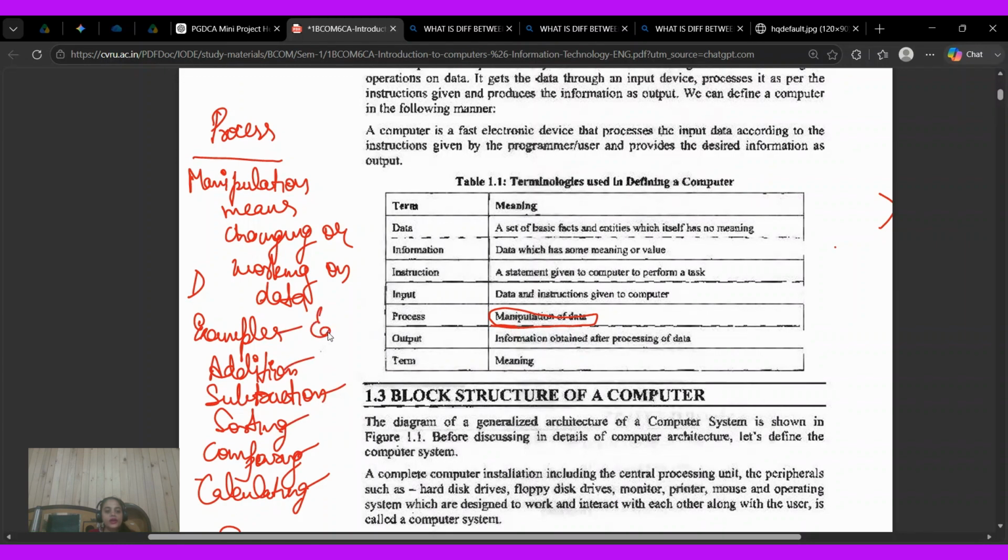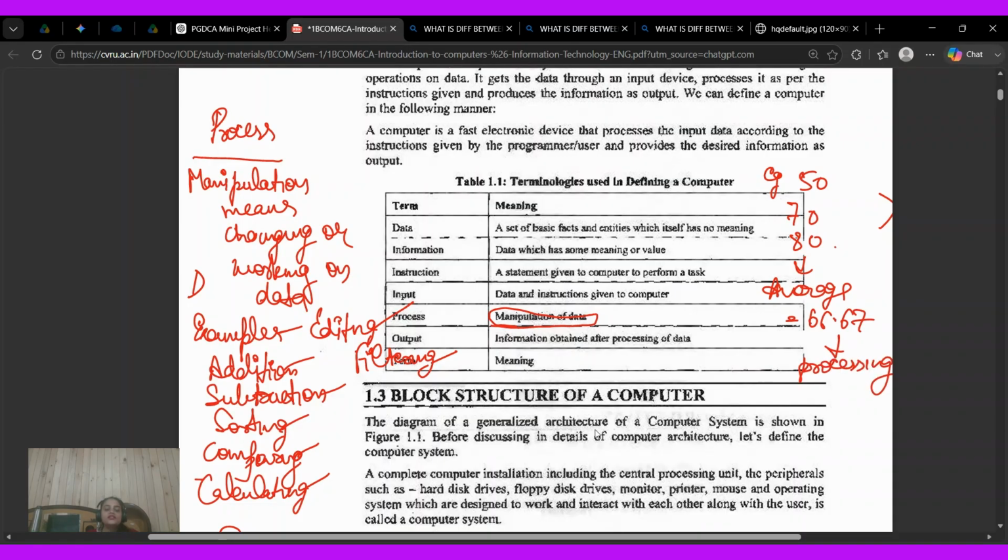Editing and filtering are also examples of processing. Suppose a student gets marks 50, 70, 80, and then the computer calculates and converts it into an average, say 66.67. So this is processing. Okay, you understood now.